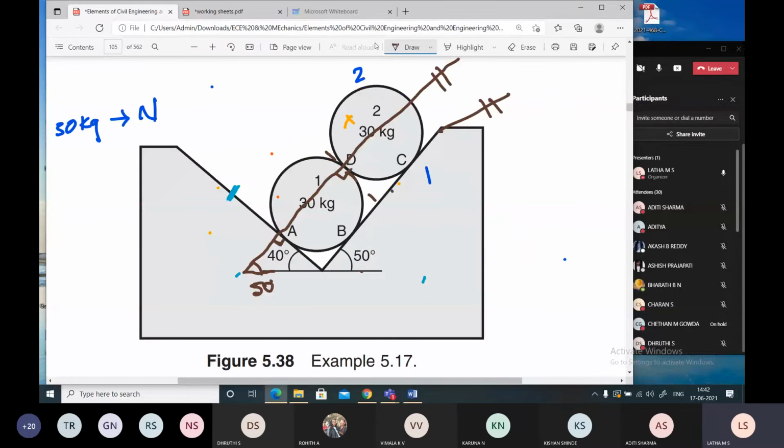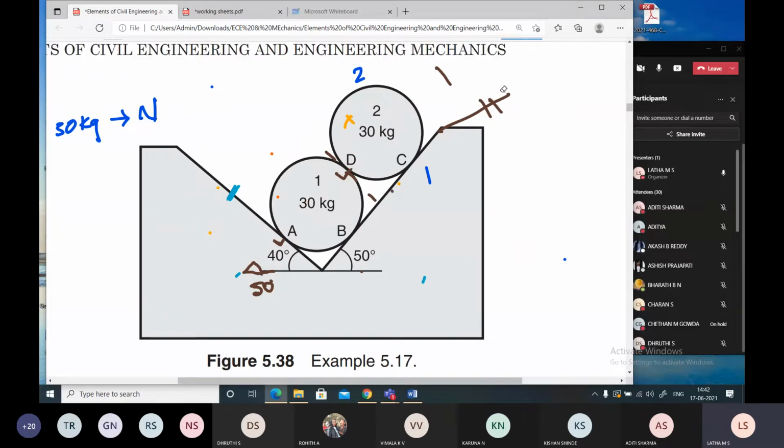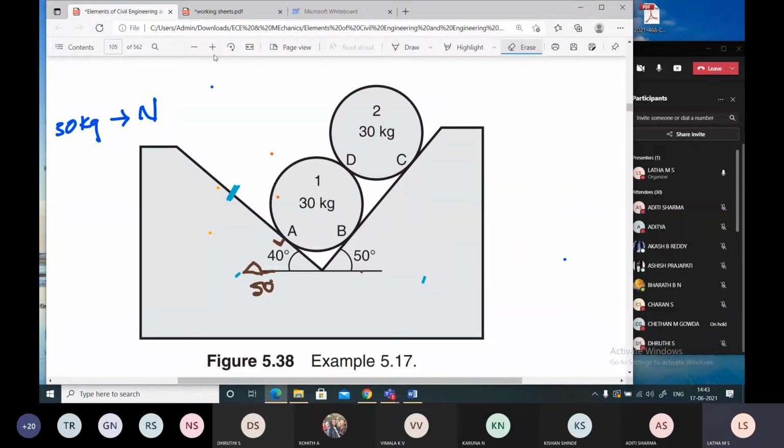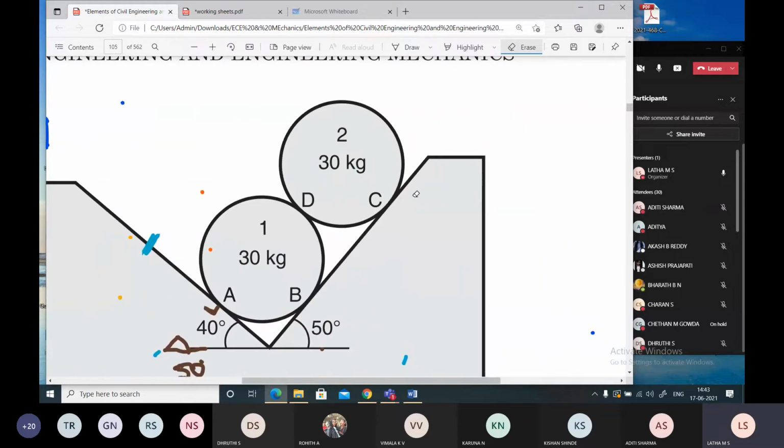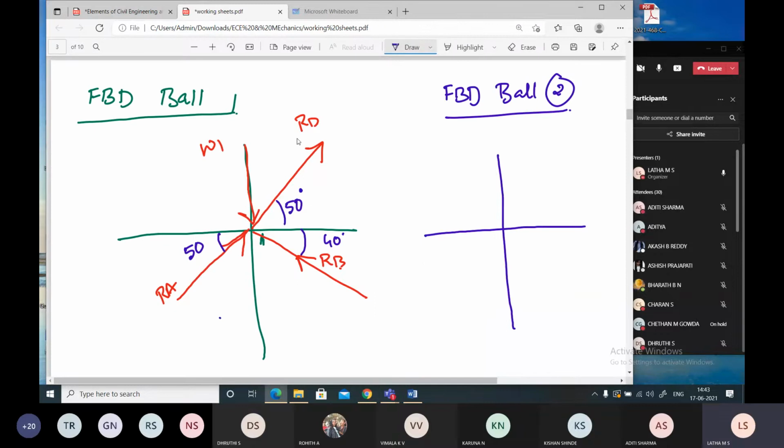Now, to understand more, we'll analyze ball 2 once again very clearly. Okay, students. Now, I'll zoom a little. Screen is very clear, students. Now, at point D, while drawing the free body diagram, we have taken this as the direction of RD.